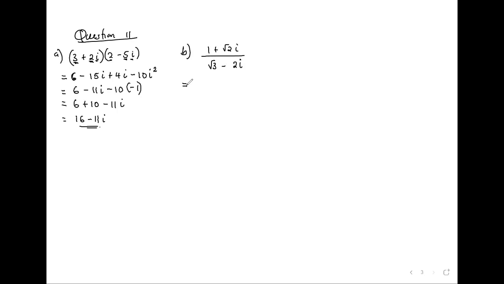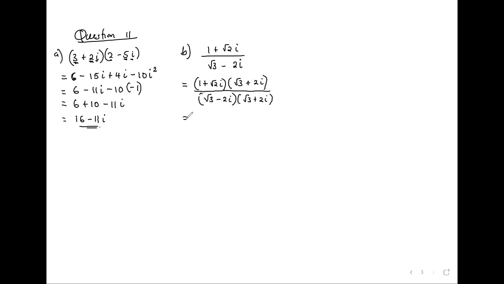So this is going to be the same as 1 plus root 2 i. You multiply by the denominator, you change the sign of the imaginary number. So you multiply by root 3 plus 2i, divide by root 3 minus 2i, multiplied by root 3 plus 2i.